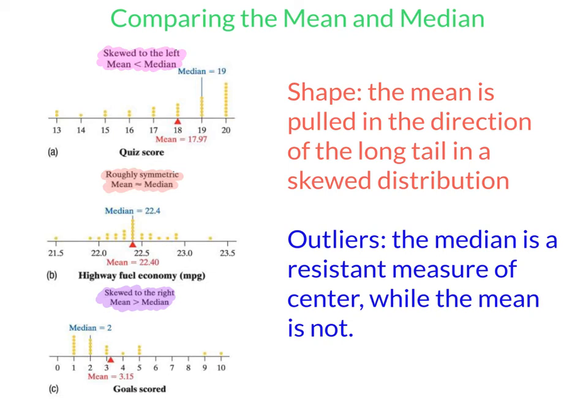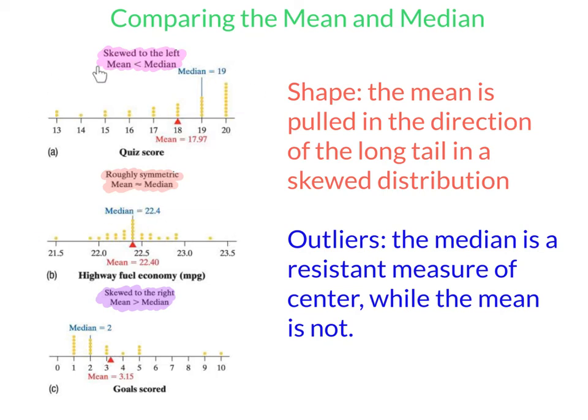So what happens when we compare the two measures of center, the mean and the median? We're going to organize these ideas into the way that we talk about the distribution. Remember that we've got 2 main ideas here. We've got roughly symmetric, where there's a clear high point in the middle and then it tapers off to both sides.